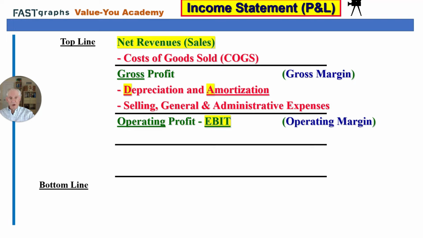And we can look at our operating margin. A lot of the companies I work with, they really watch their operating margin. Some companies say we need a 15% operating margin. For every dollar you sell, you can spend 85 cents on costs and expenses, but you have to have 15 cents left in operating margin.